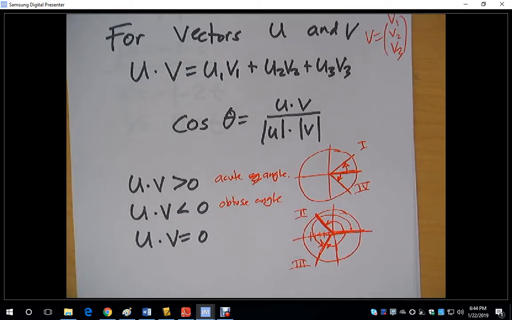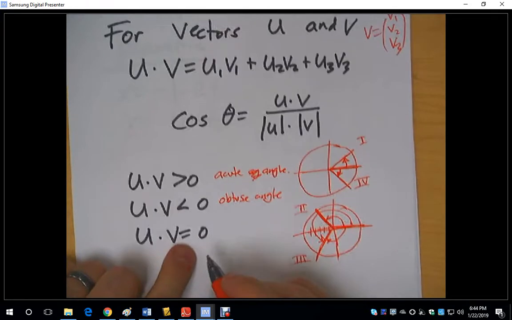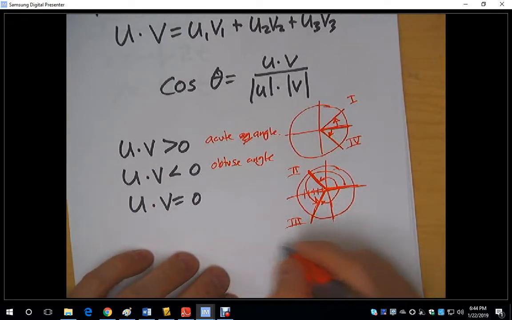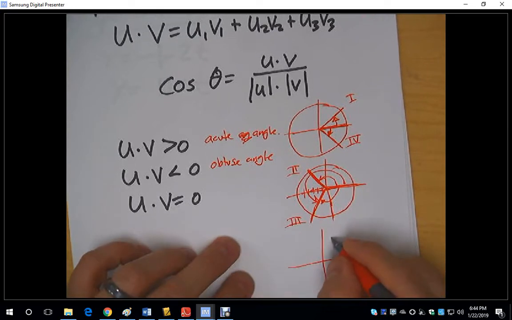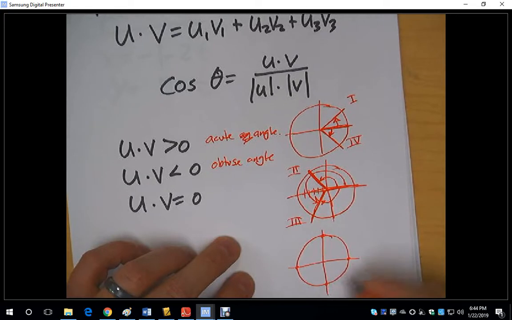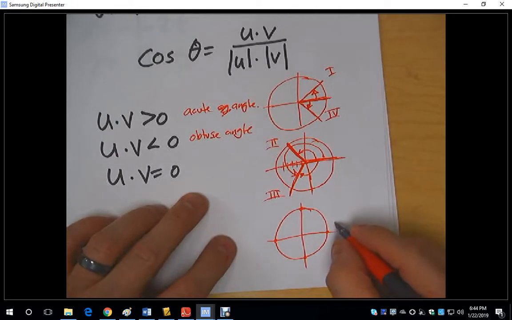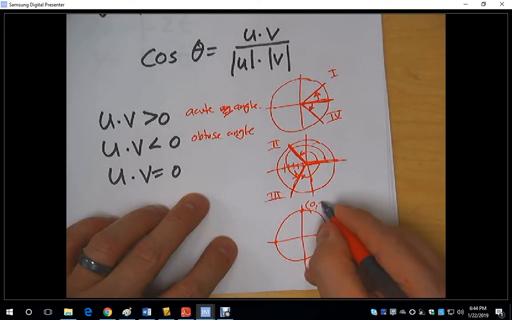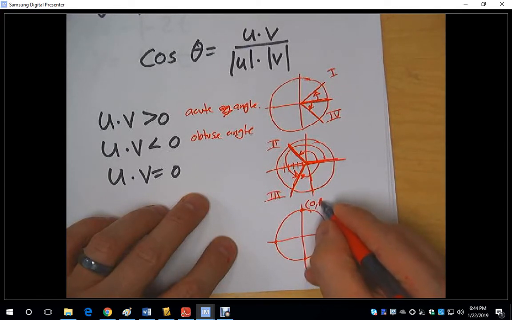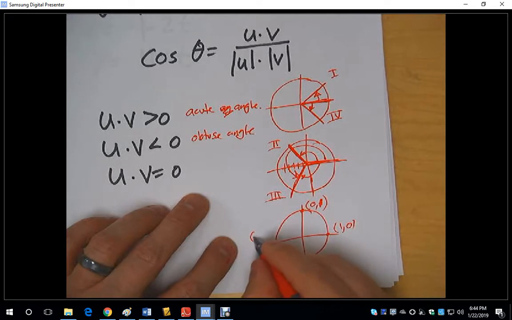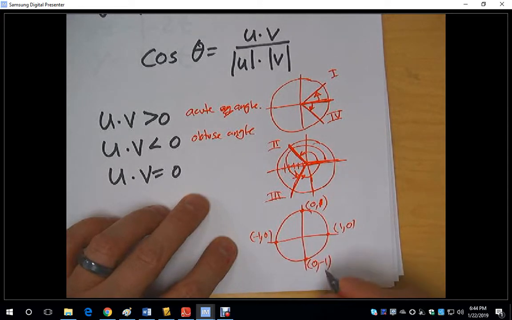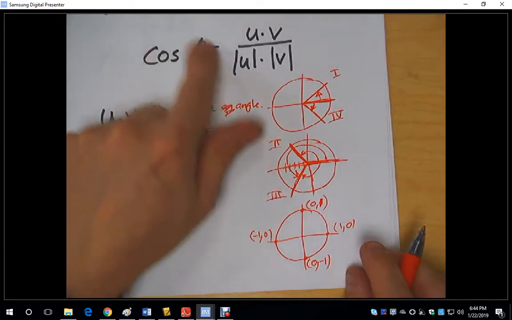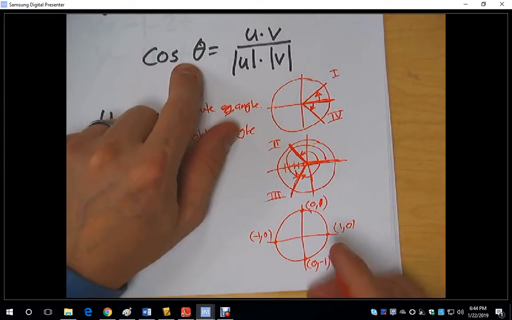Well, what does it mean to have u dot v equal to 0? Let's look at our unit circle again, and let's label these points here. For our unit circle, this point right here is (1, 0). This point right here is (0, 1). This point here is (-1, 0), and this point here is (0, -1). Now, again, cosine theta is our x value for a unit circle.